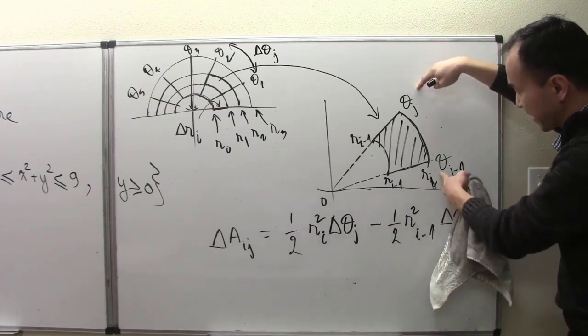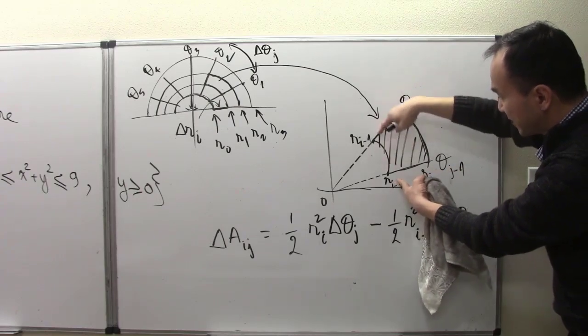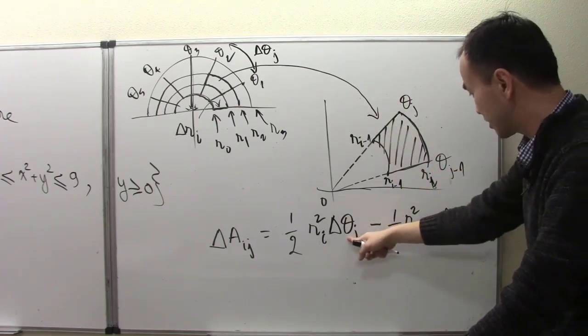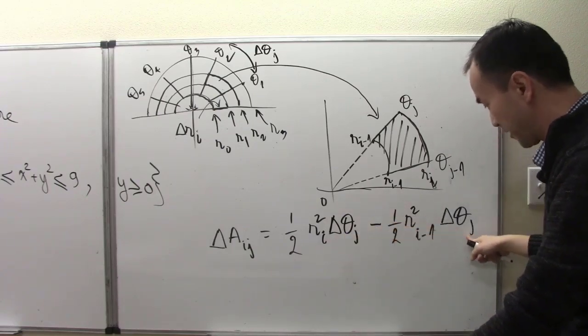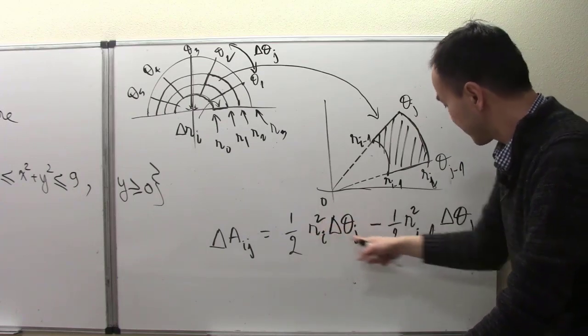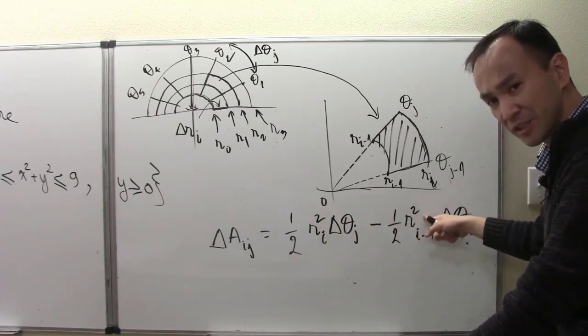In terms of angles, that difference is the same for both, so it's the same delta theta sub j. But here is r sub i squared, and here is r sub i minus 1 squared.